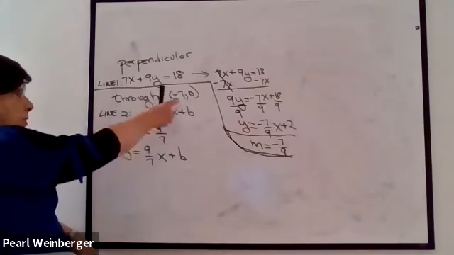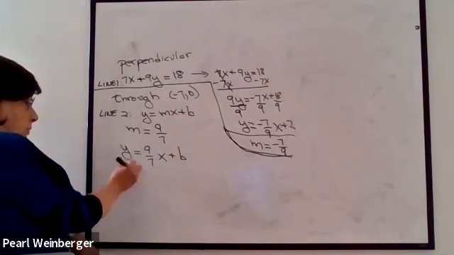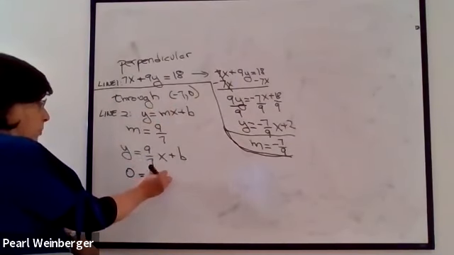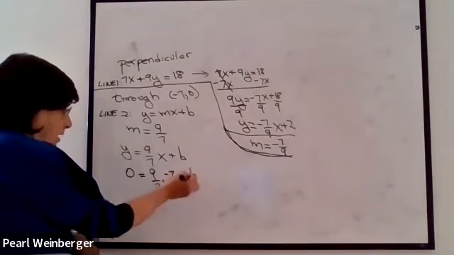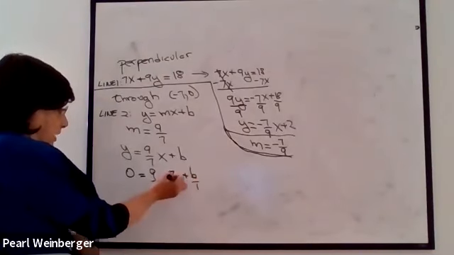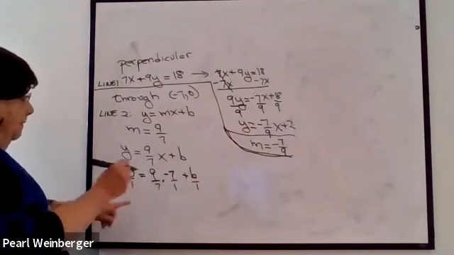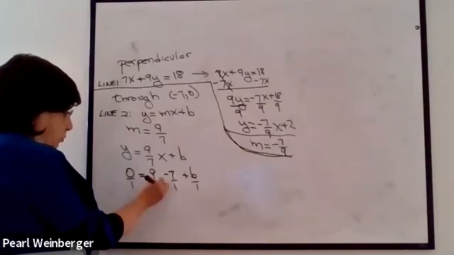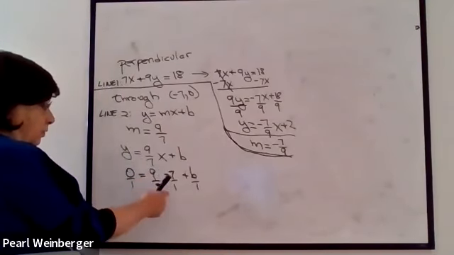So let's put in the numbers. In place of y, we're putting 0. In place of x, we're putting -7. And again, I'm going to put over 1 because we have these fractions. Now, the first thing we're going to have to do is multiply the 9/7 by the -7/1.